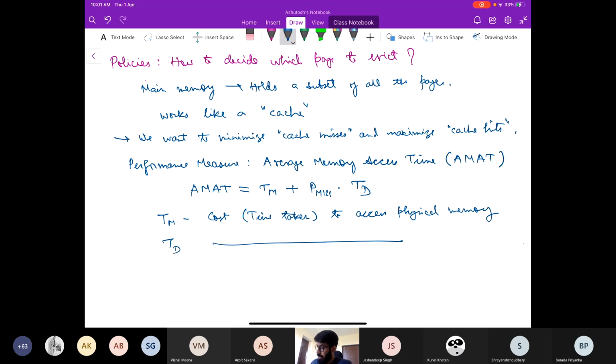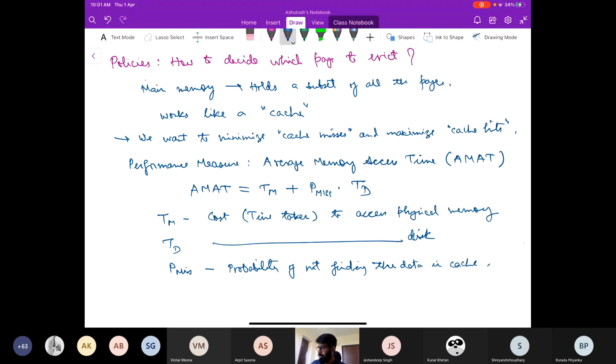Td is the disk access time. And Pmiss is the probability of not finding the data in cache.